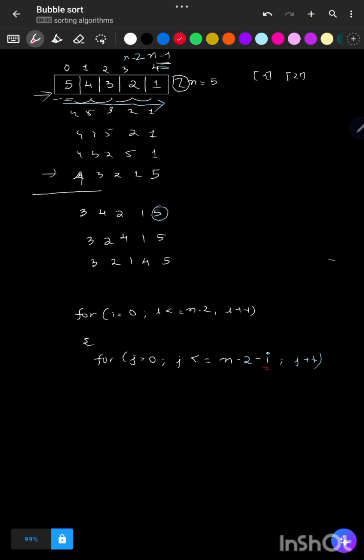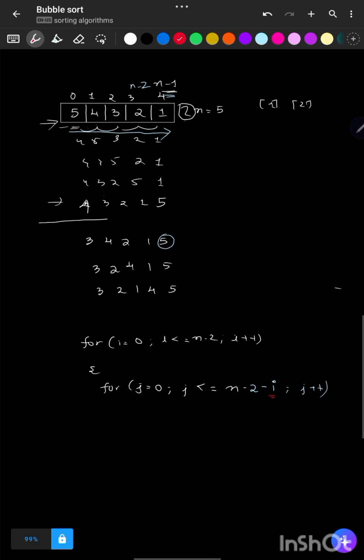Like in the first pass, 0 sorts have occurred, which means no element is in its proper position. So, at least in the worst case, no element is in its proper position. In the first pass, it will run from j is equal to 0 to j is equal to n minus 2.